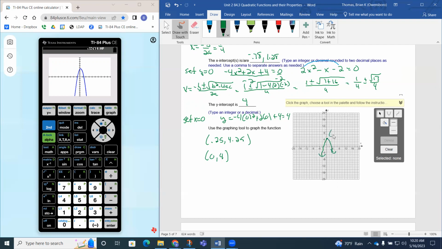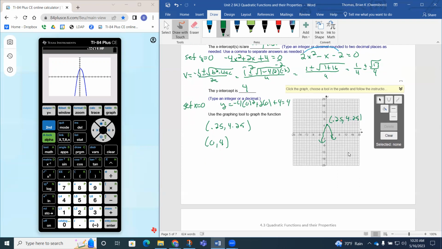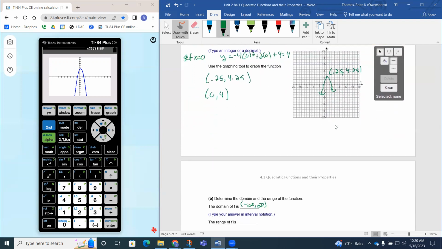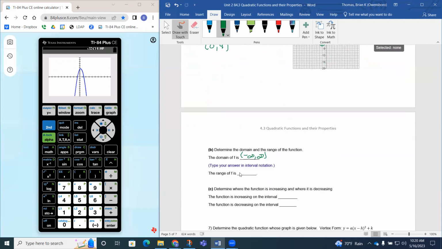Notice that there's that critical point, 0.25, 4.25. The highest point the graph hits is 4.25, and then it goes down. So when you do range, you have to do lower bound to upper bound. So -infinity to 4.25, and we would include the 4.25 in our range. It is a value that we have there.